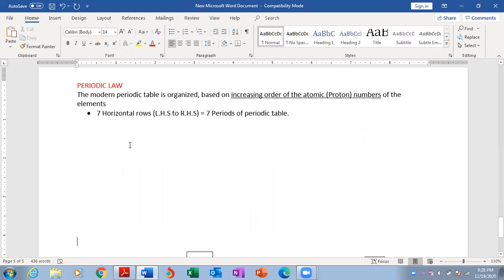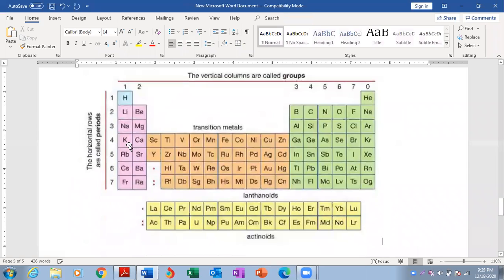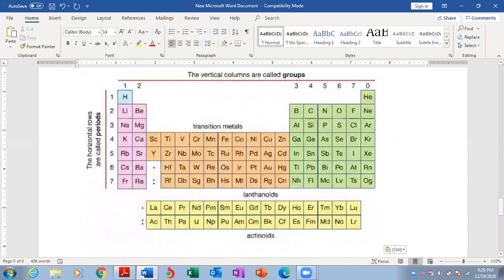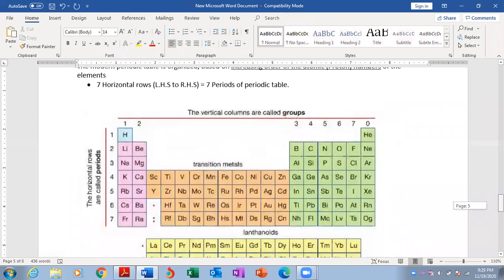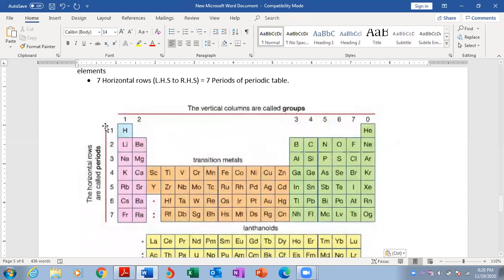Okay, now we have 7 different periods, but how can you say that we have 7 periods? Now my dear student, just focus here. The first period keeps hydrogen and helium. I'm moving from left hand side to right hand side. The second period keeps lithium, beryllium, boron, carbon, nitrogen, oxygen, fluorine, and neon.